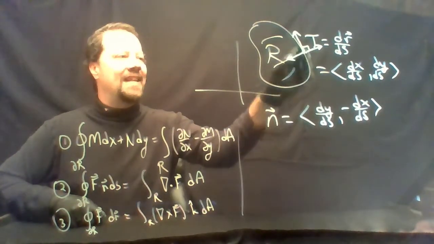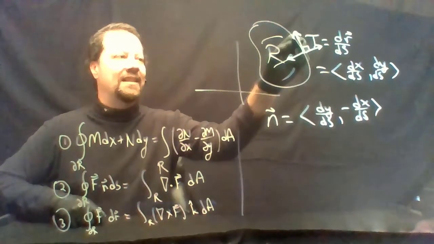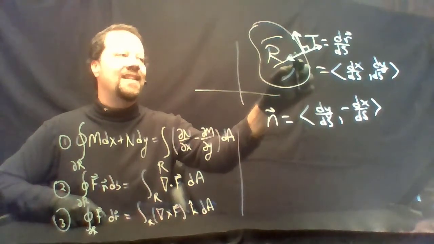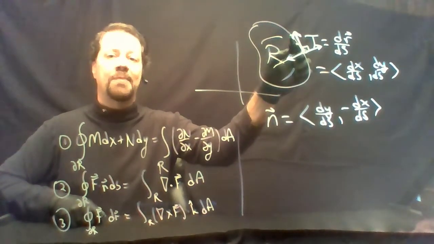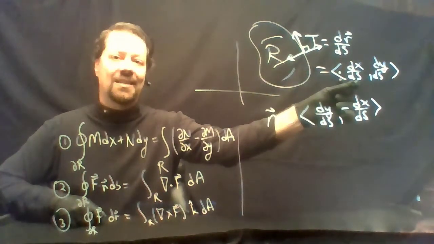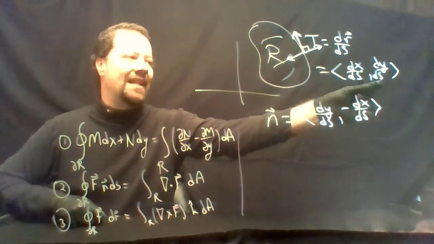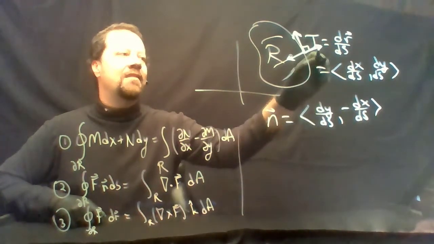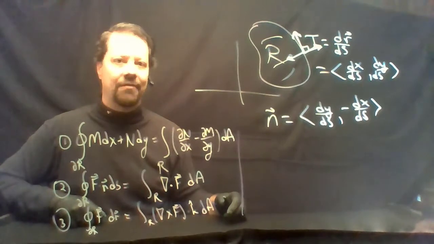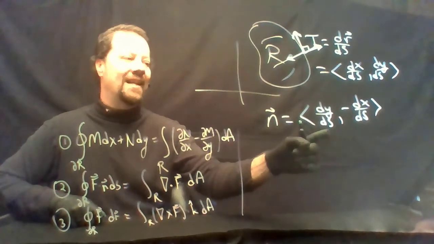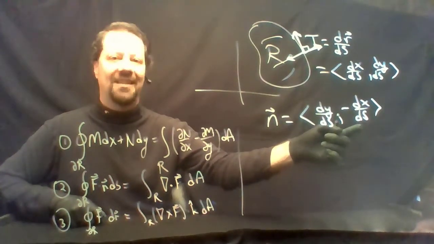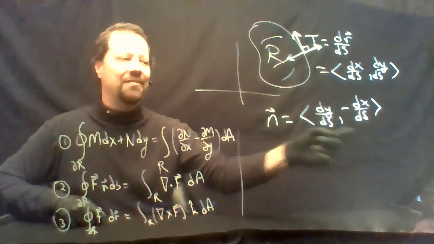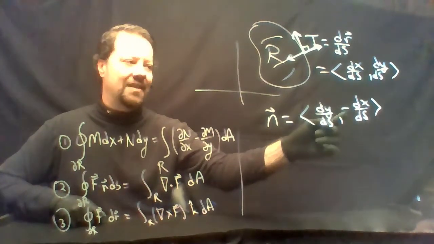Notice that with the tangent vector that we have depicted here, the x-coordinate is negative and the y-coordinate is positive. So dx ds will be negative and dy ds is positive. The exterior normal has both positive coordinates. So dy ds is positive and negative of a negative is positive. So this is the correct place to put the minus sign.